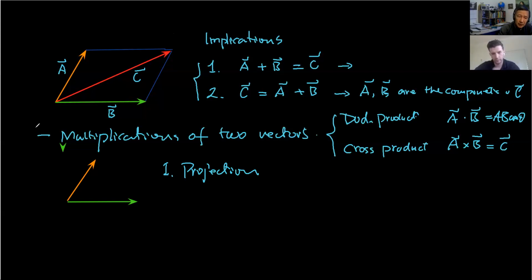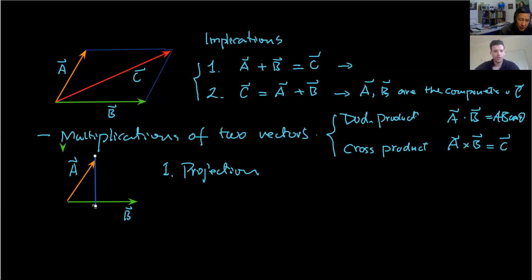Projection involves two vectors, okay? For example, the projection of A over B is like a light ray coming downward, perpendicular to B. That's called projection. Can you see?